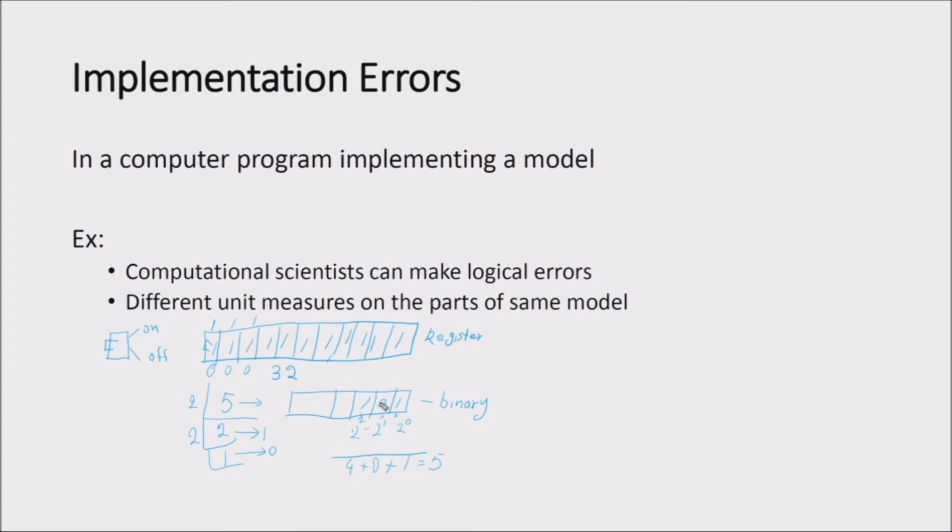Well, that means 2 to the power 0 plus 2 to the power 1 plus 2 to the power 2 plus like that. So it is the addition of all, right? So at the end, this will be equal to 2 to the power 31, right?